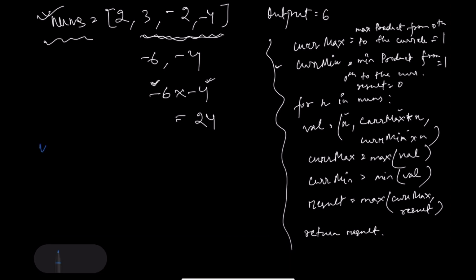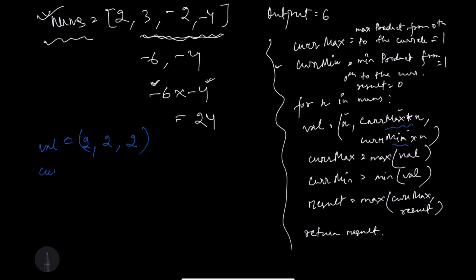So we will have a tuple for the first element, that is 2. We will have 2. Then current max is our 1, so it will be 2. Current min will also be 2. Sorry, current min into our number, current max into our number will be 2 and 2. So this is the tuple.